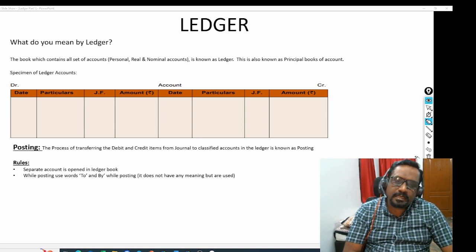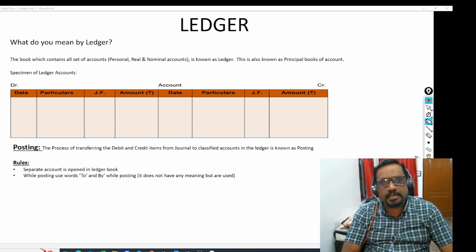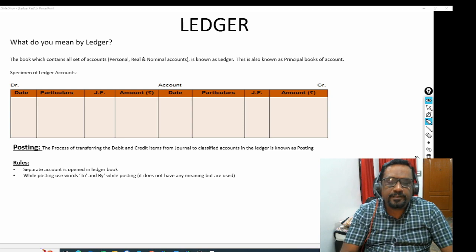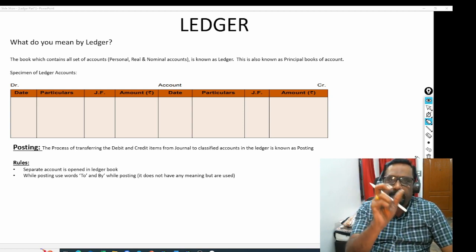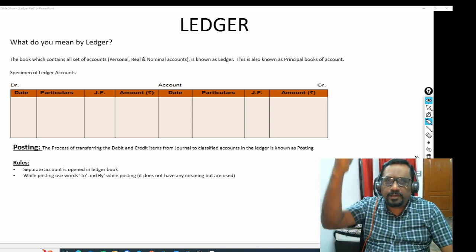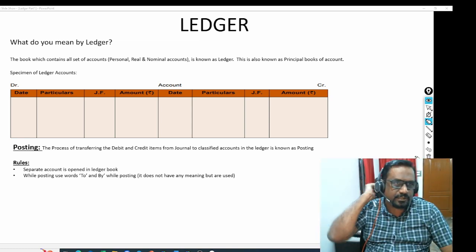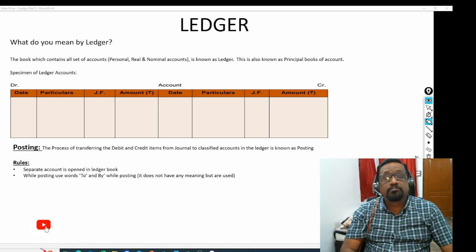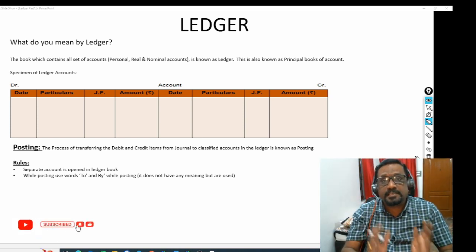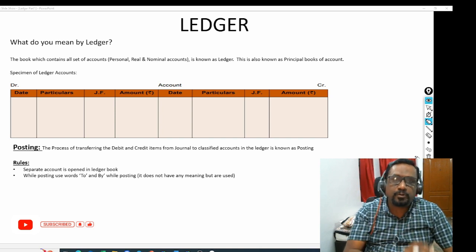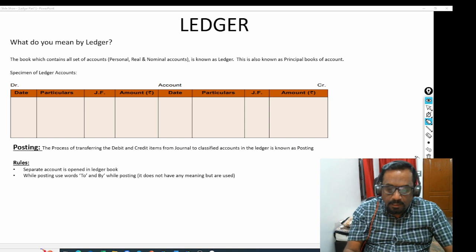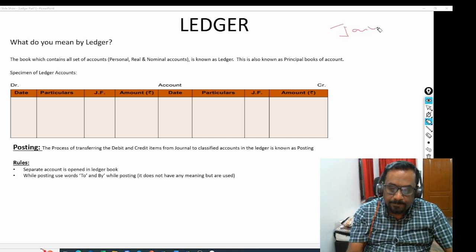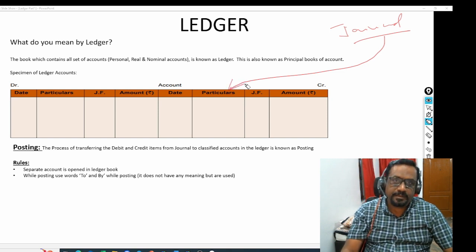How do we record those transactions in the journal book? By means of a journal entry. We debit one account and credit another account, and we keep recording those transactions into the books of accounts. As soon as the transaction happens, we first enter it into a journal book. Clear? So the journal book is the base for us to record those transactions into the ledger.